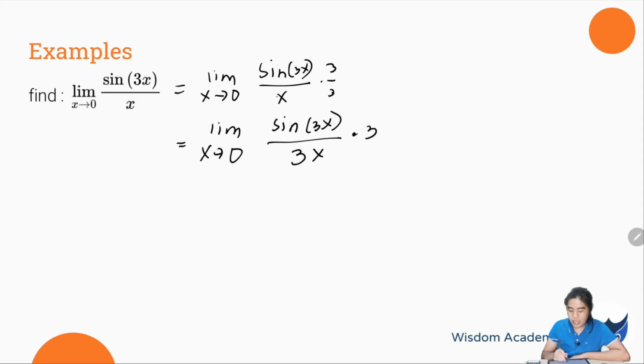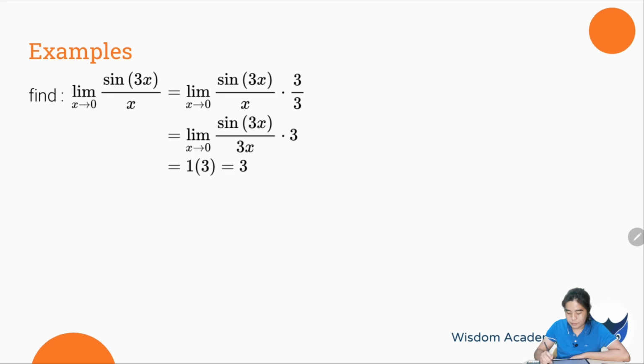So, sine 3x over 3x, equivalent din siya dun sa theorem natin kanina, which will be equal to 1 times 3 is equals to 3. Okay? Ayan. So, kapag mga gantong forms, ang goal lang natin ay makakuha ng value sa denominator na similar sa nasa loob ng sine.